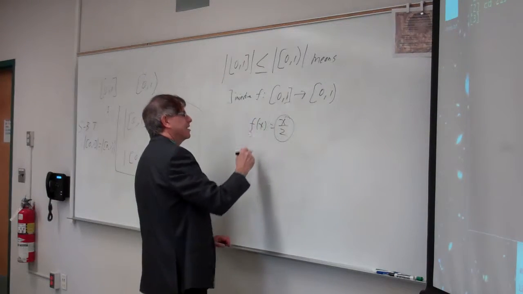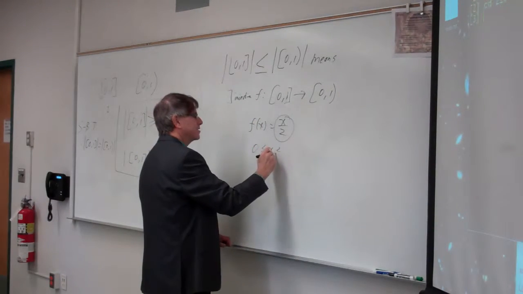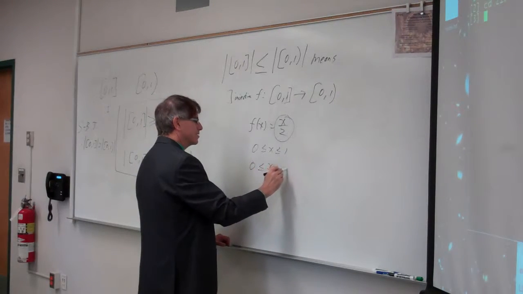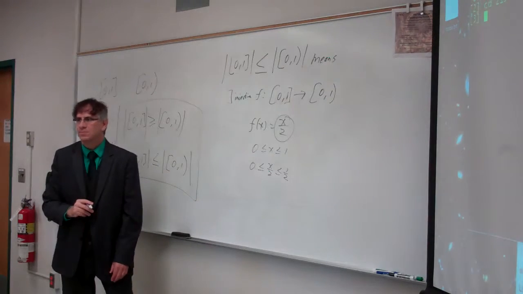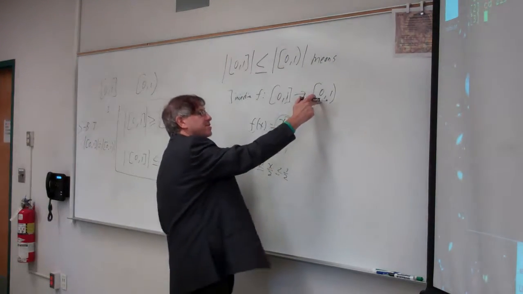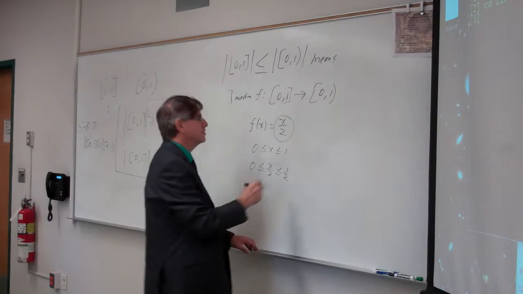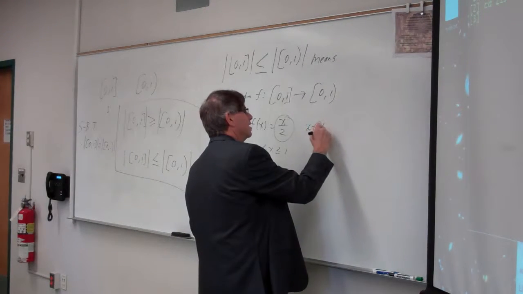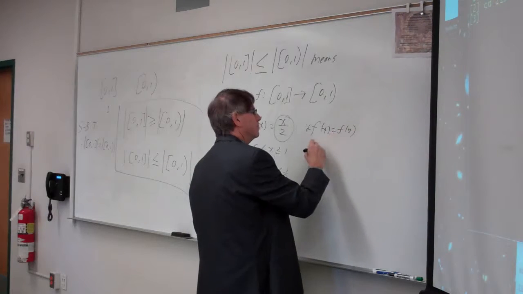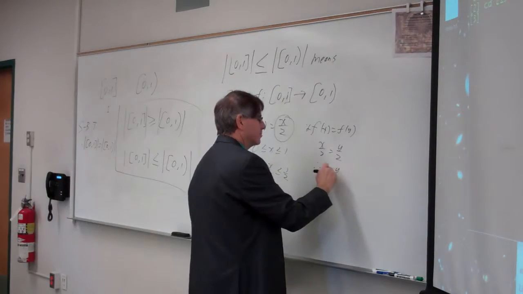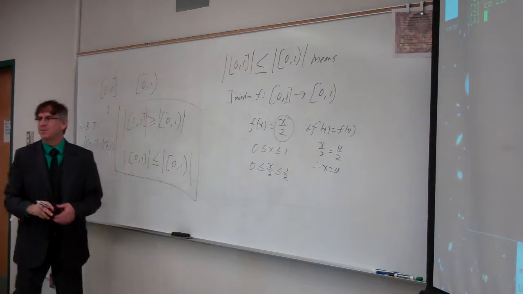And since x lies in here, 0 less than or equal x less than or equal to 1, then 0 is less than or equal to x over 2 is less than or equal to 1/2. Okay. And that means that it lies in here, because this is everything 0 and less than 1. And you need to show that if f of x equals f of y, x over 2 equals y over 2, x equals y, that's the definition of injectivity.